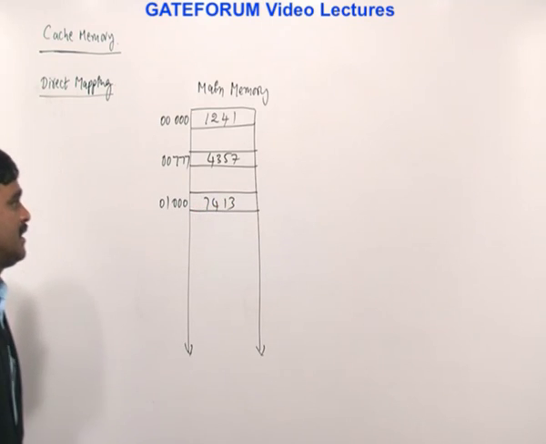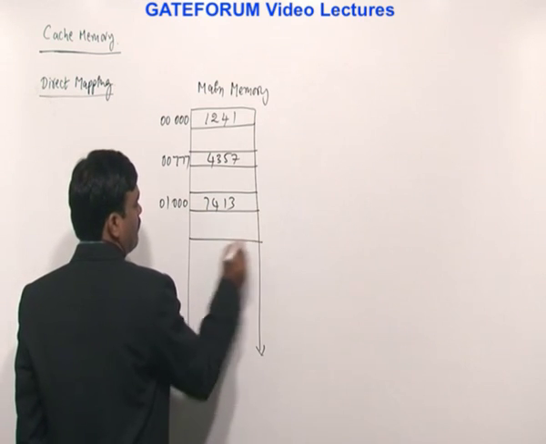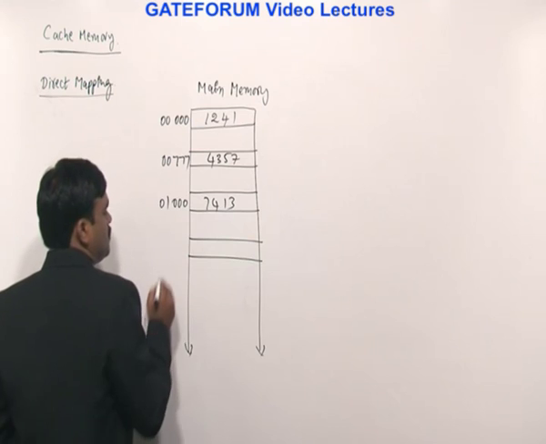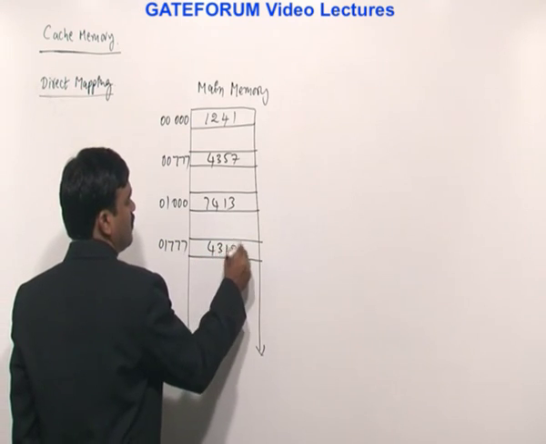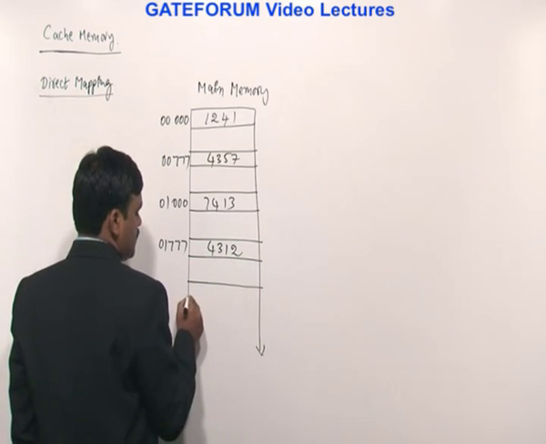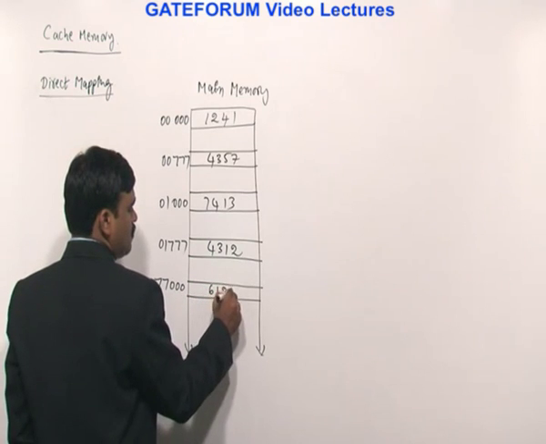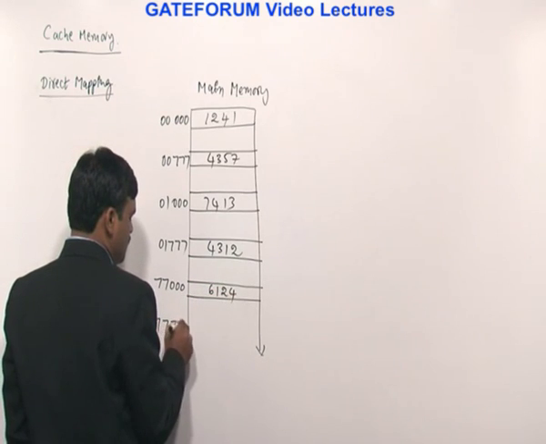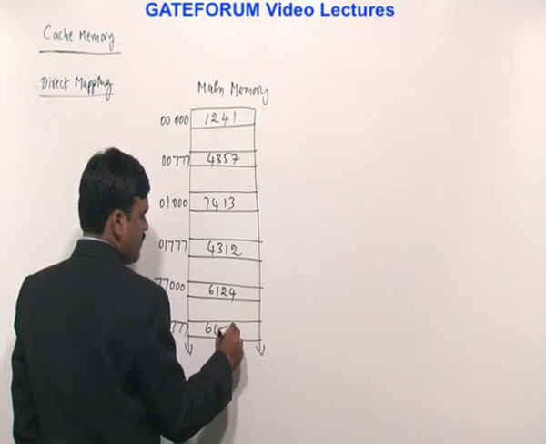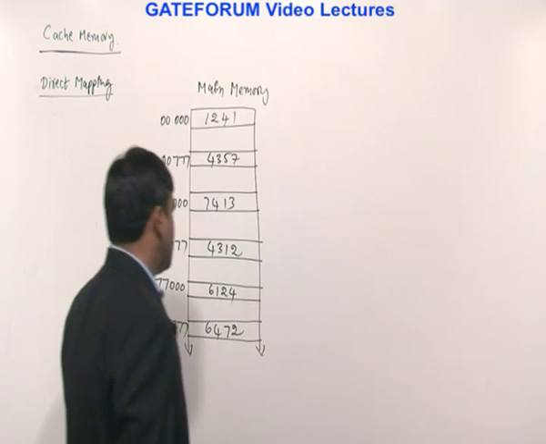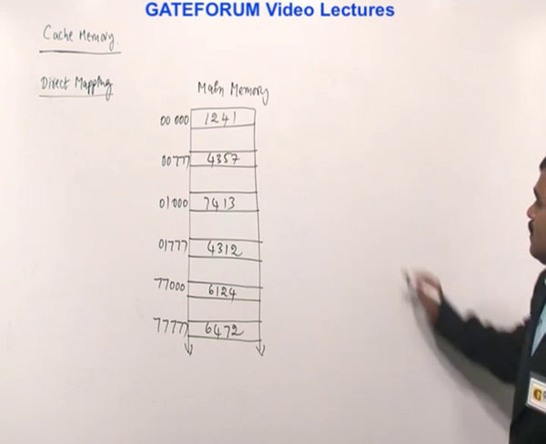We can't show the number 8 in the data or in the address because 8 is not a valid octal digit. Then at 01777, there is a value 4312. Again at 77000, there is a value 6124, and at 77777, there is a data 6472. These are the data items available at the different locations of main memory, and this is the cache memory.